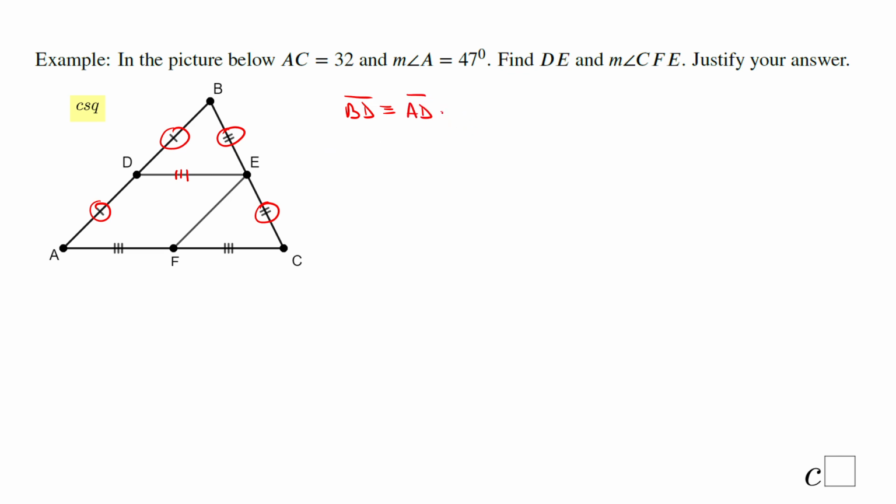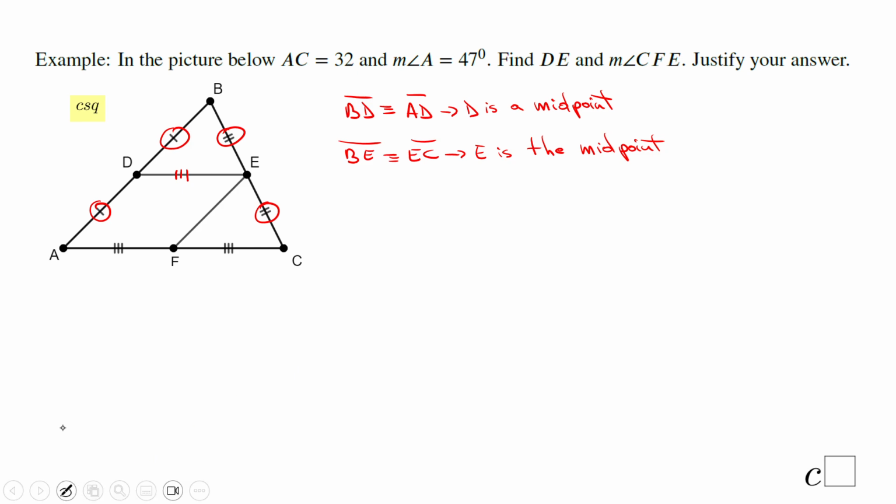So that means D is a midpoint. Very similar, I notice point E is a midpoint because BE is congruent to EC. We see that in the picture, so E is the midpoint.